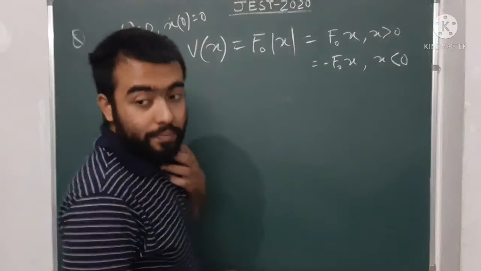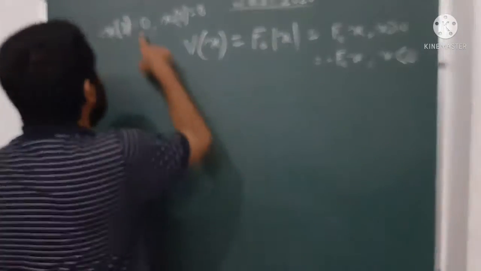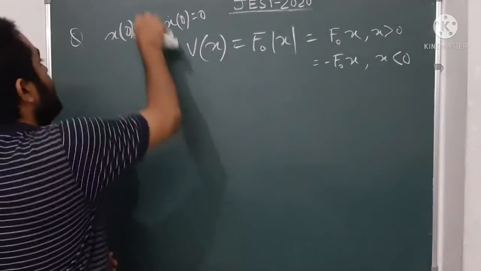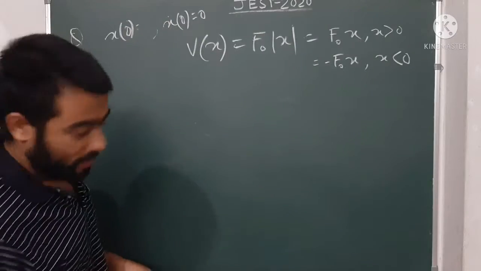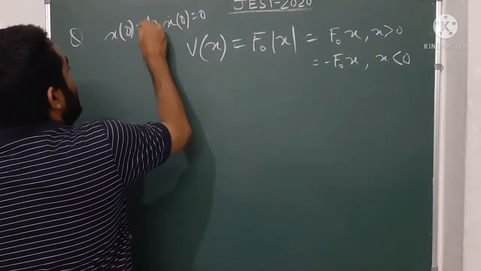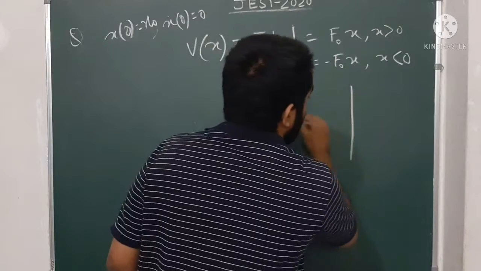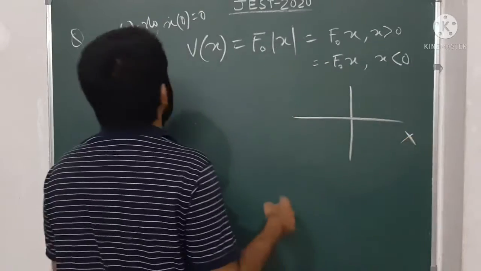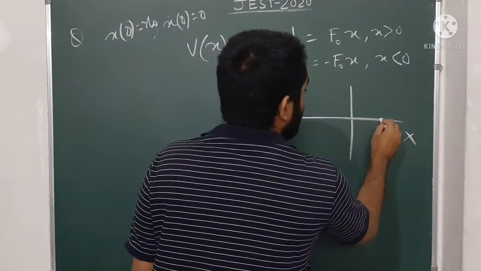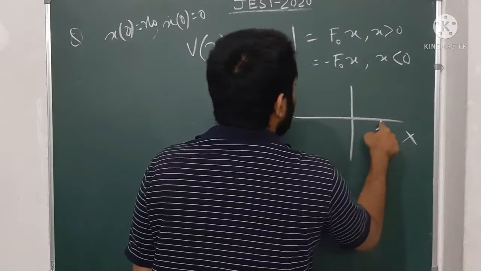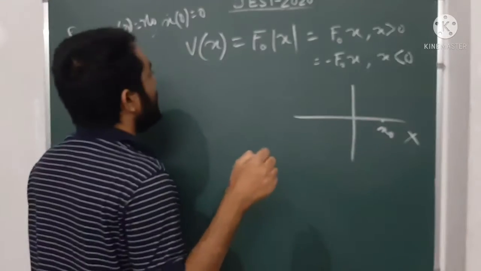Sorry, the initial position is not 0, it is x naught. So at time t equal to 0, this is x naught, the position of the particle.